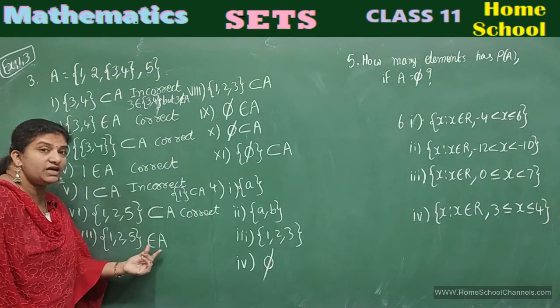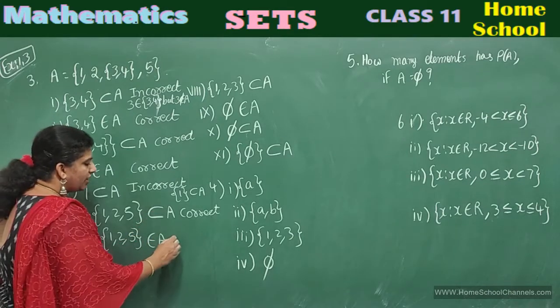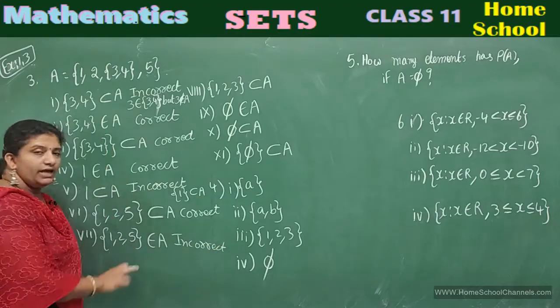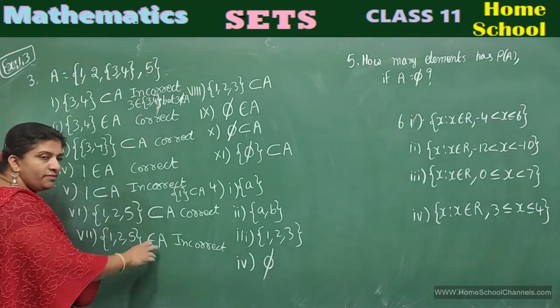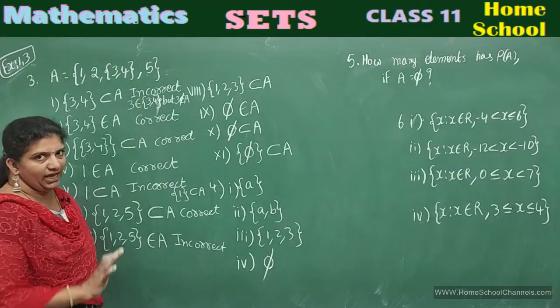You can write that it is a subset of A, but we should not write belongs to. So it is incorrect. What you can say? This set does not belong to A. It is a subset of A.